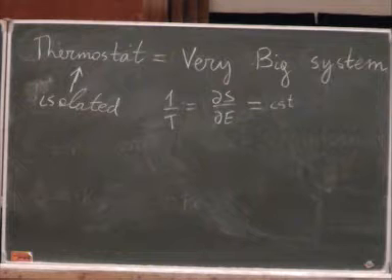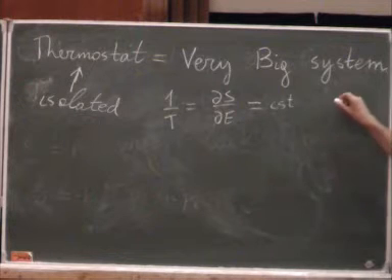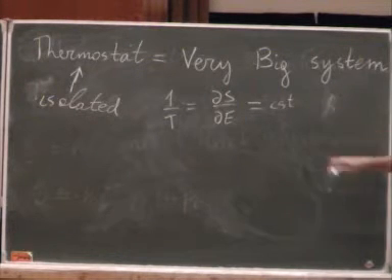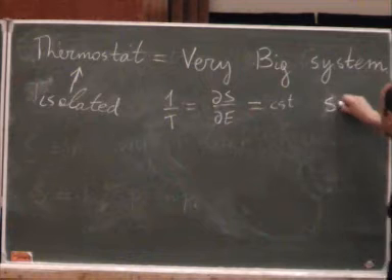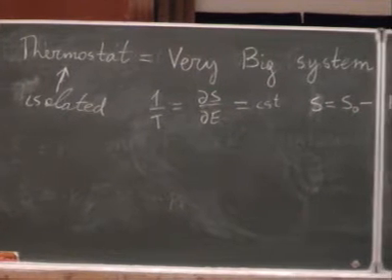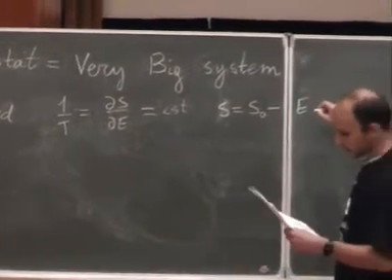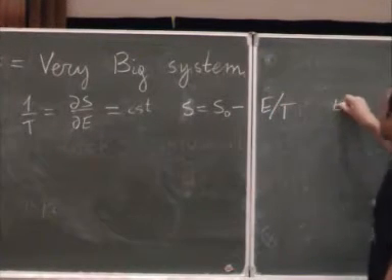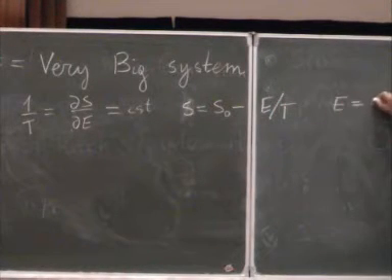So the only thing we will use for this thermostat is that S is equal to some S0 minus E over T, where E is the energy of the system.